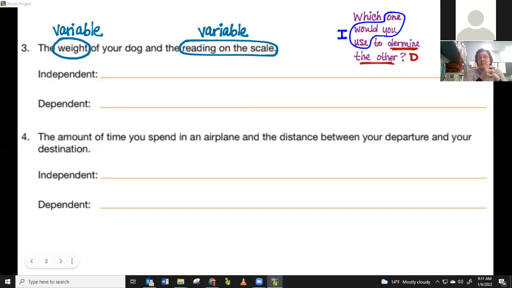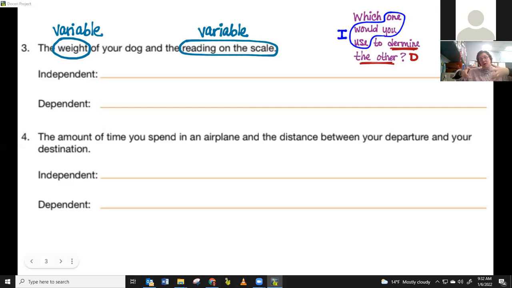Yeah, maybe even just what breed it is, right? Like if you have a husky and I have a toy poodle, the husky's going to be bigger. Toy poodles are pretty small. So there's a lot of different things that can determine how much your dog weighs. But when I'm taking my dog to the vet, the scale isn't the thing that tells my dog, you have to weigh this much.